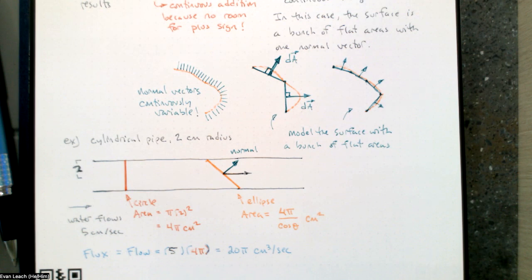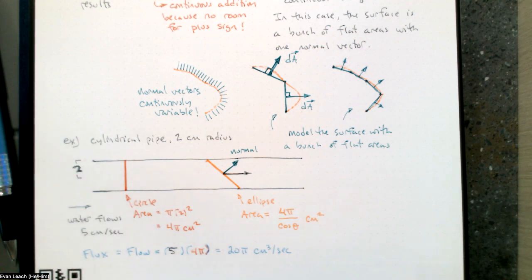So the area is larger, but the amount of flow, we're not worried about the amount of flow. We're not getting all of the 5 centimeters per second. We want to know the flow normal to the surface. I want the dot product of the flow through the surface. So I don't want 5 centimeters per second.